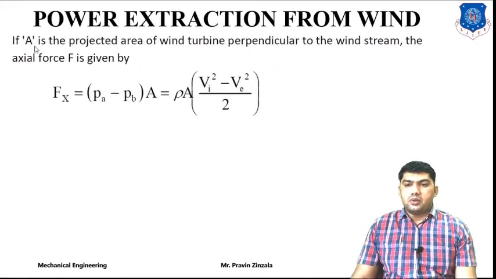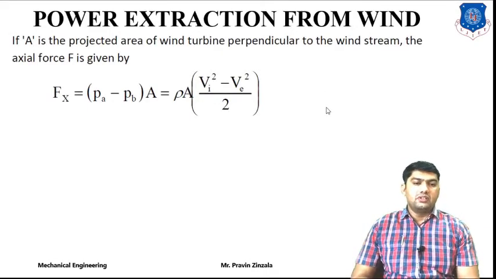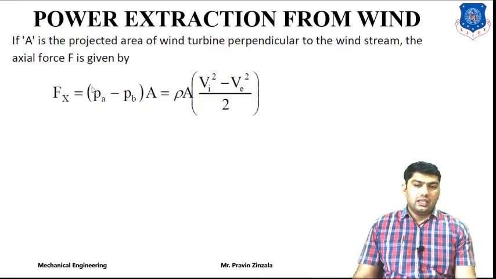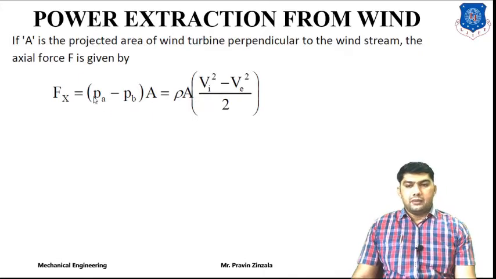Now we will discuss the case where A is the projected area of the wind turbine perpendicular to the wind stream, meaning we are taking the area perpendicular to the wind flow as A. So the force will be pressure into area, or the axial force we consider as P into A. We have also derived the equation for the pressure difference, PA minus PB, into area.